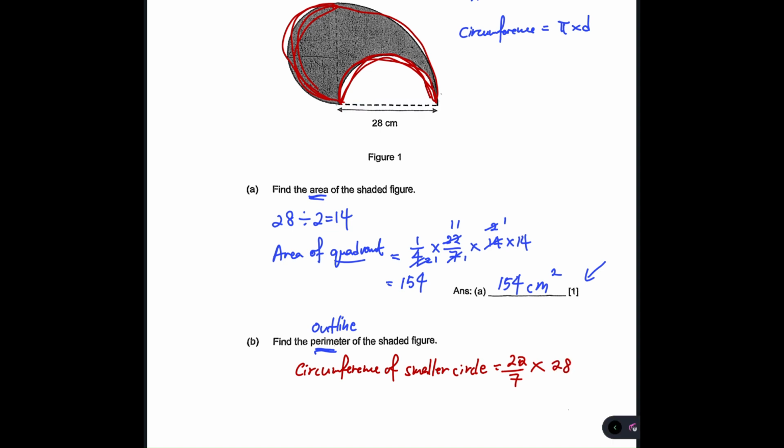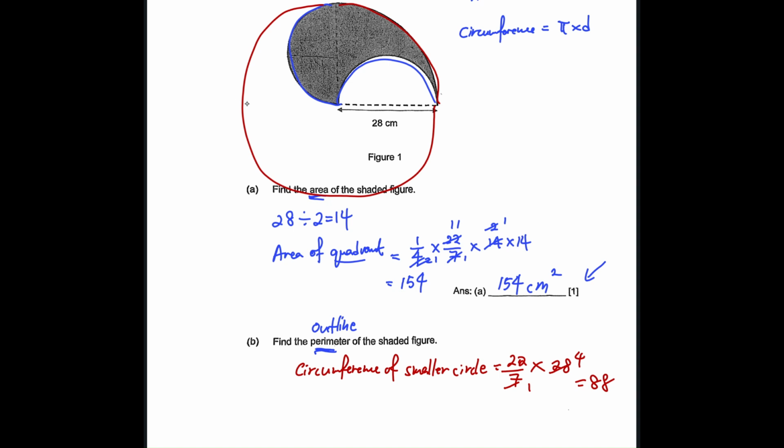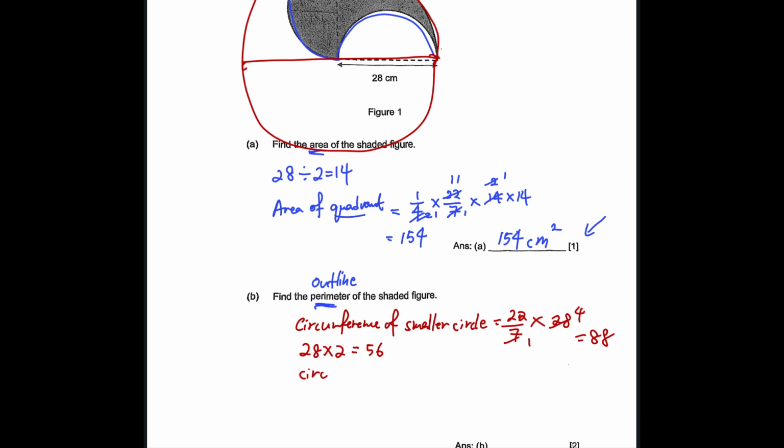Let me erase this just to avoid confusion. So 22 times 4 is 88. Now we have successfully found this and this, and now we have to find this. This is part of a bigger circle, so the diameter is actually 28 times 2, 56. So we're going to find the circumference of the big quadrant.